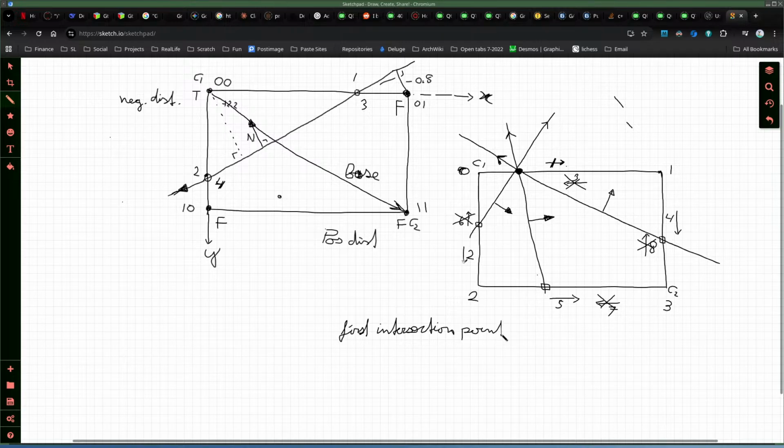Point negative distance for first corner. It's the outer loop, say.